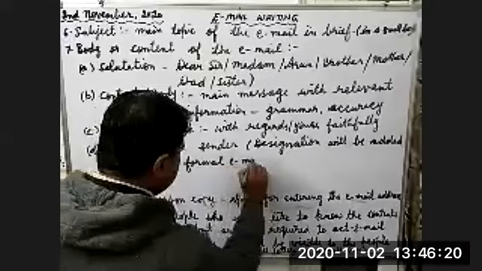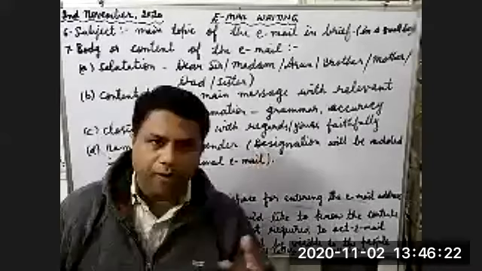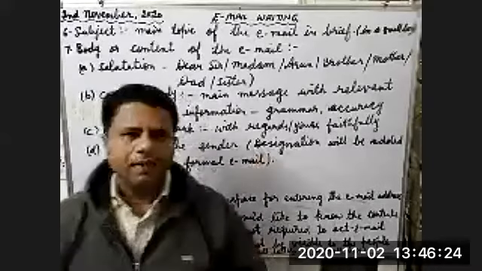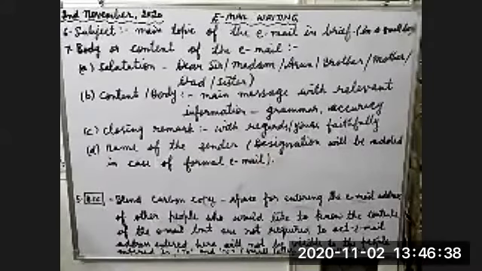Children, suppose you are writing a formal email, then you have to describe your designation also. But if you are writing an email to your friend or family members, then no need to write anything else, just your name is sufficient. The seventh point is complete. In the seventh point, you will add salutation, content, closing remark, and name of the sender. Now your email is complete.